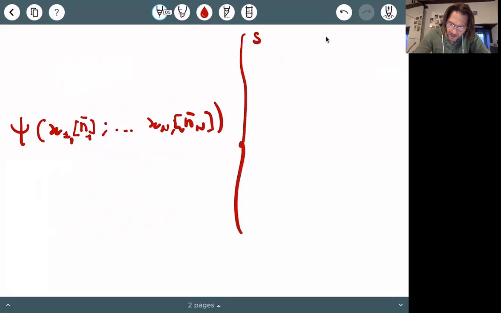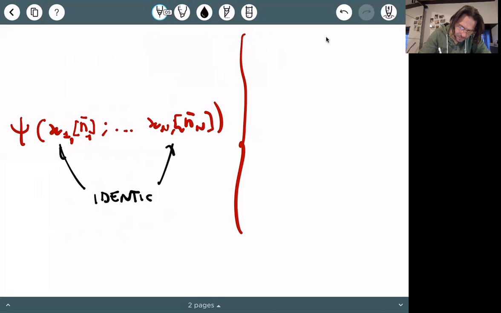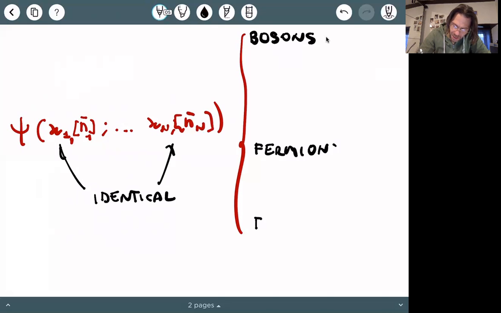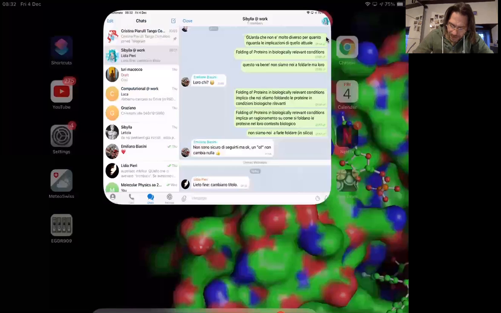These are identical particles, and if they are fermions or bosons, they behave very differently. The wave function behaves very differently. The wave function is symmetric.